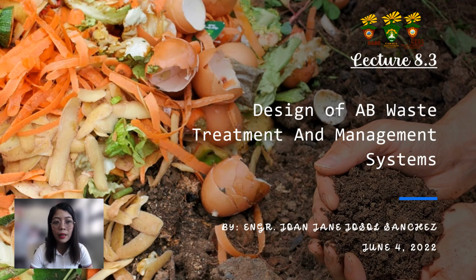So now let's discuss the last topic under lecture 8, the design of agricultural waste treatment and management systems. We all know that the AWMS is composed of different functions: production, collection, storage, treatment, and utilization.